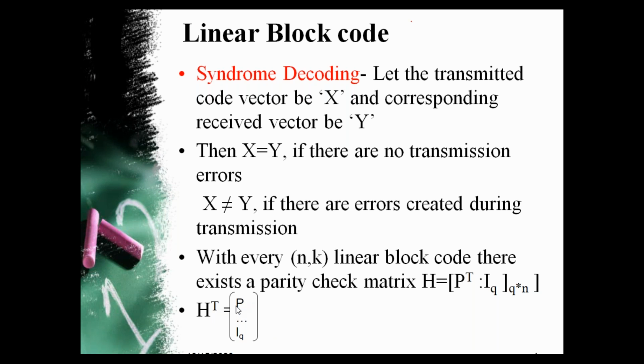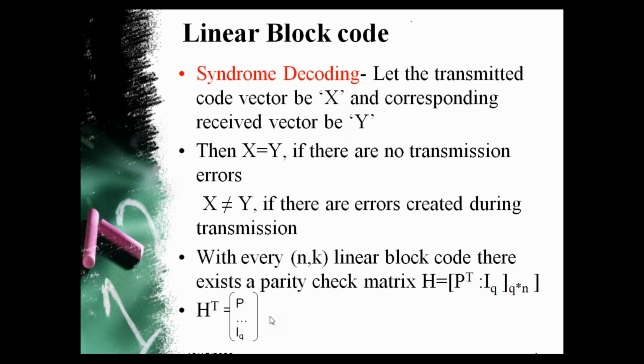It has the form of a P matrix and, below that P submatrix, an identity matrix of the order q. That is the general form of the H transpose matrix. If we take the transpose of the H matrix, it will be in this form: the top part will be a P submatrix and the lower part will be an identity matrix of the order q.